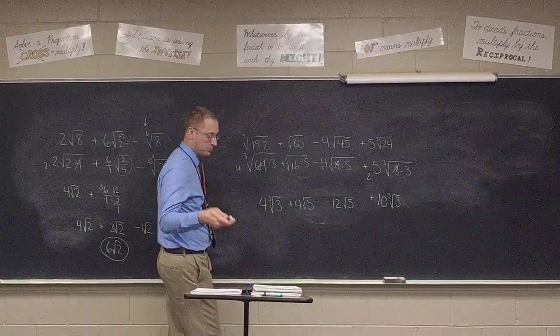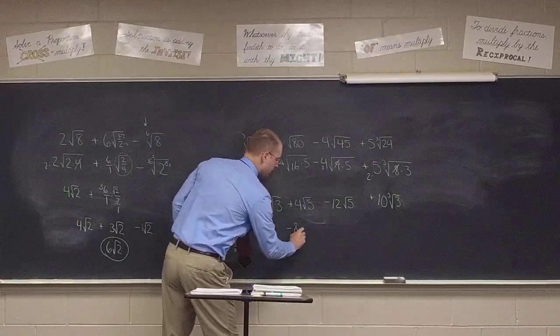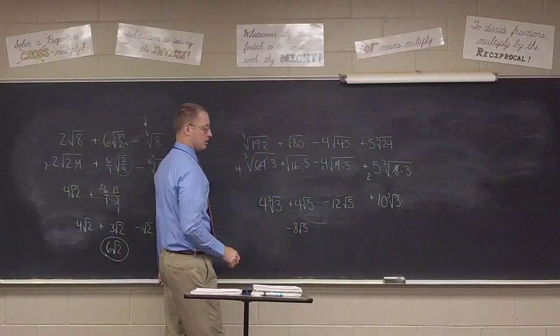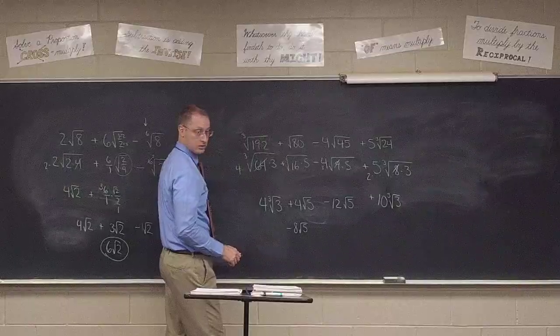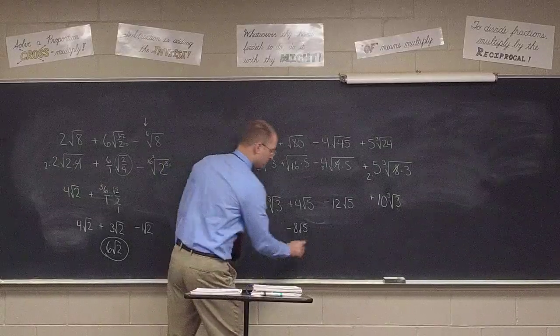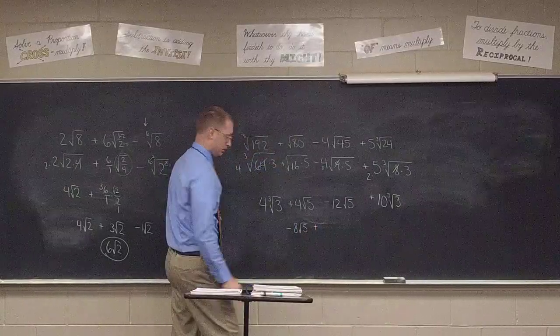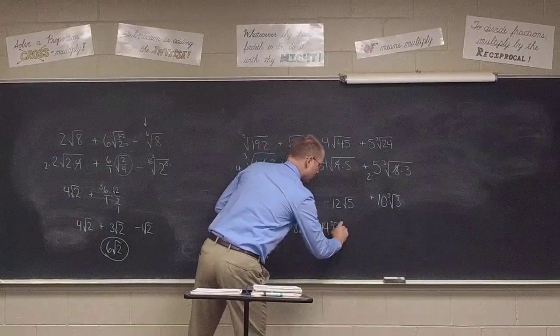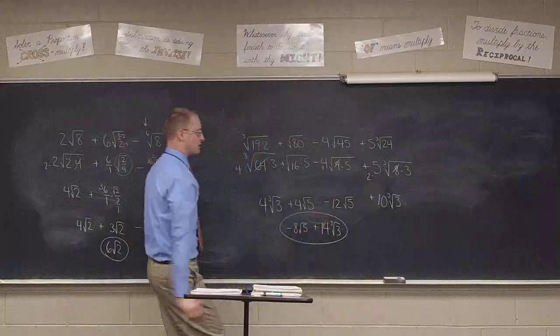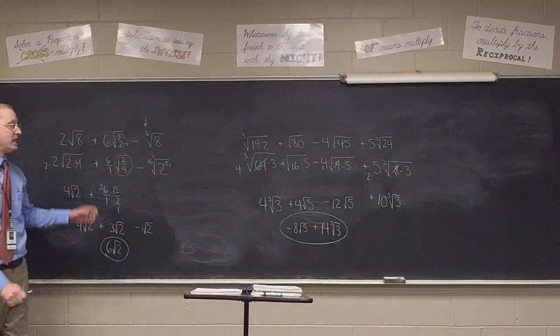A little bit louder so I can hear, please. -8 times square root of 5. Positive 14 times the cube root of 3. There we go. -8 times the square root of 5, positive 14 times the square root of 3.